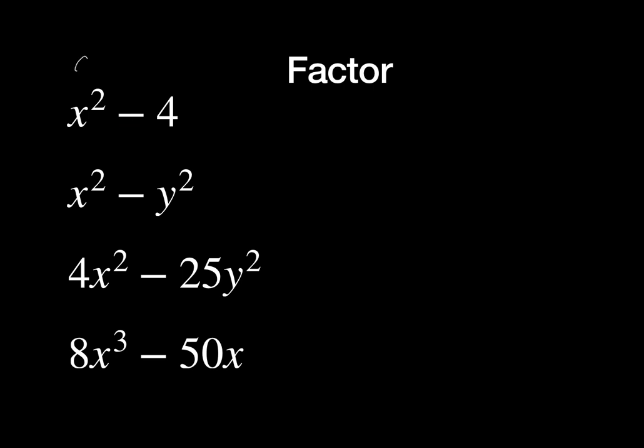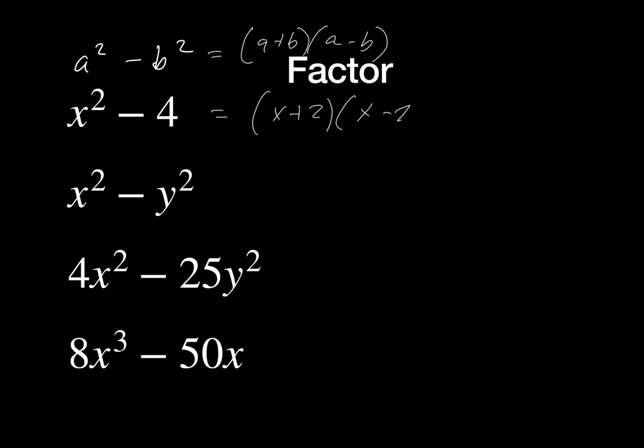So difference of squares is, I'm thinking, a squared minus b squared. Is the first thing something squared? Yep, it's x squared. Is the second thing something squared? Yep, it's 2 squared. 2 times 2 is 4. It factors into, if it's a squared minus b squared, a plus b, a minus b. So here this would be x plus 2, x minus 2.